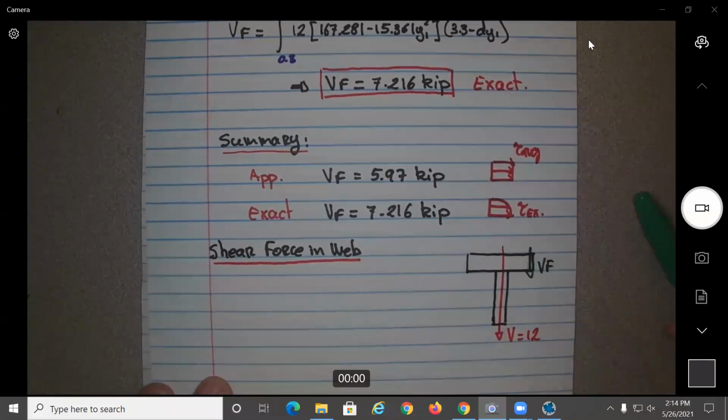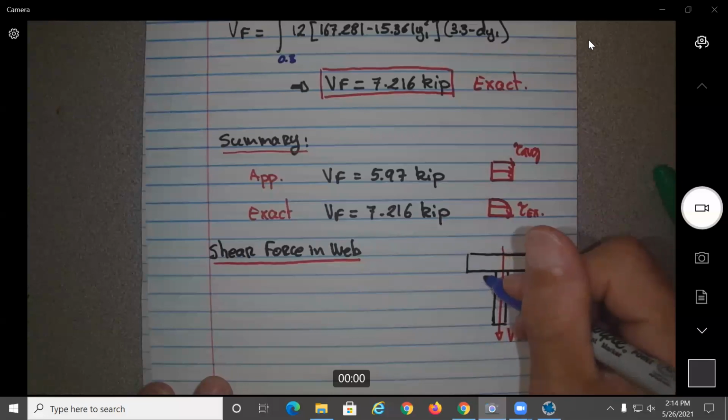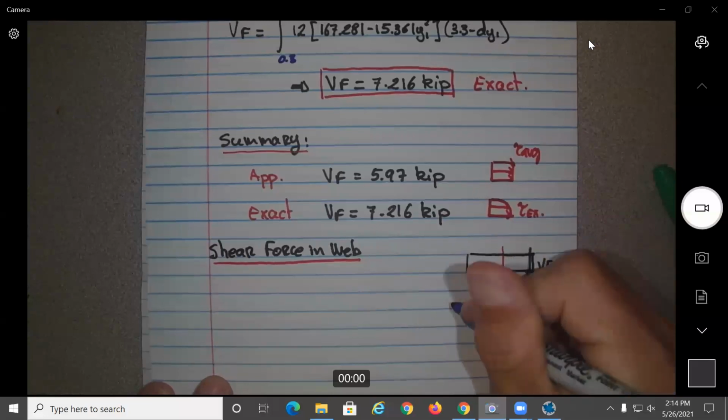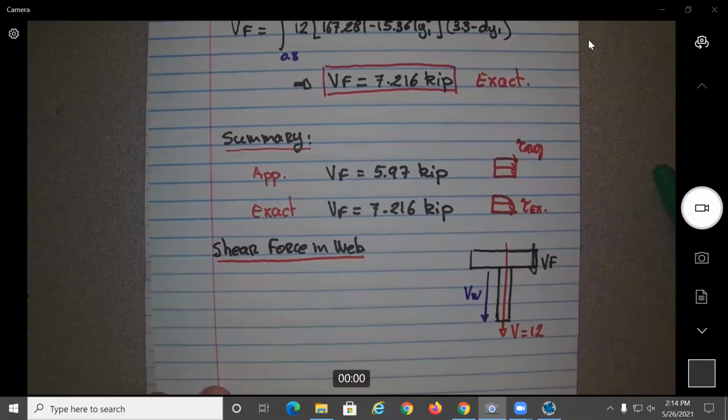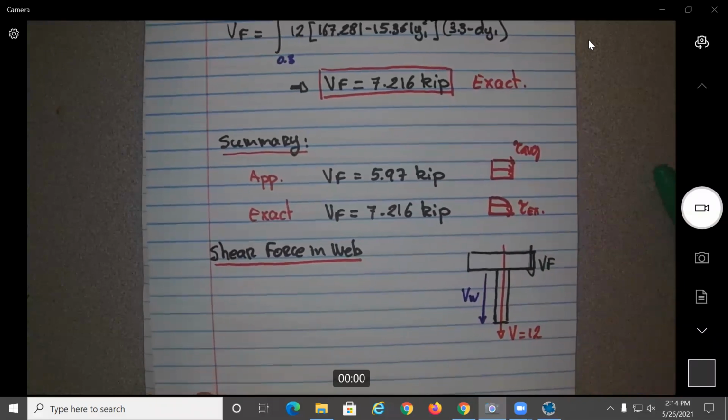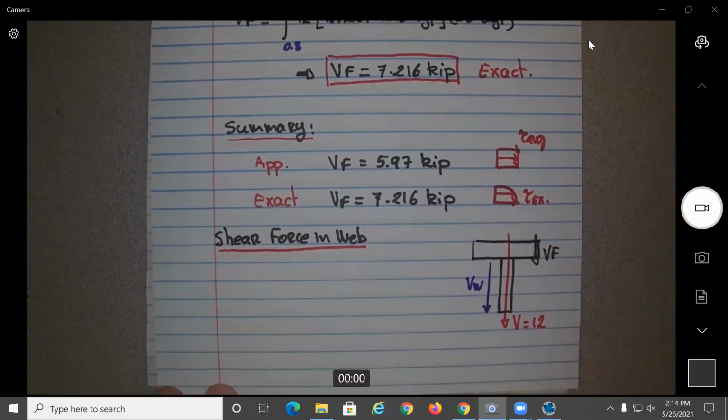But now what we could say over here is what would be the amount of shear going through the web. In this case, it doesn't really matter the maximum or minimum value because it will give you the maximum value. So what would you have here?